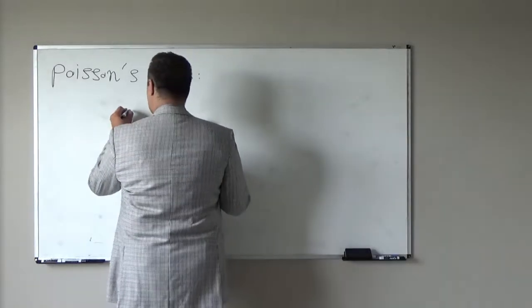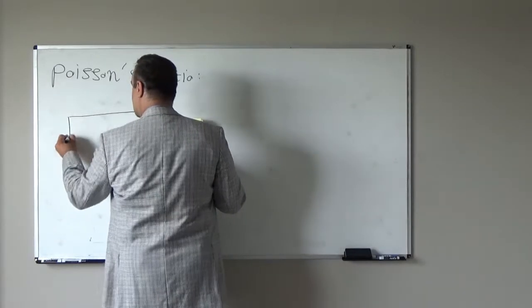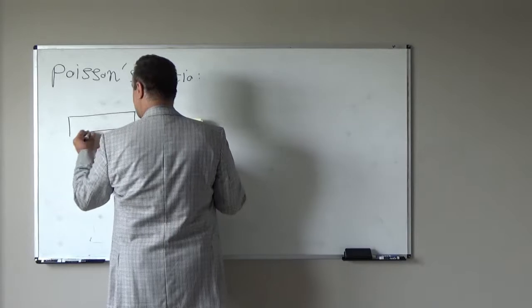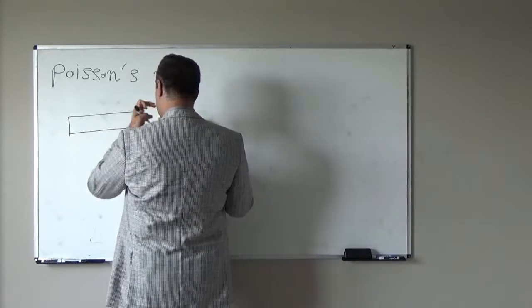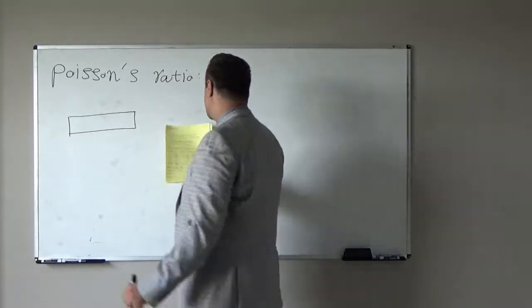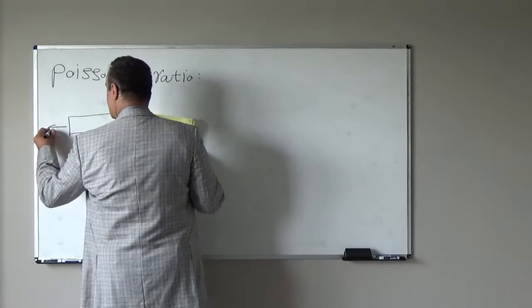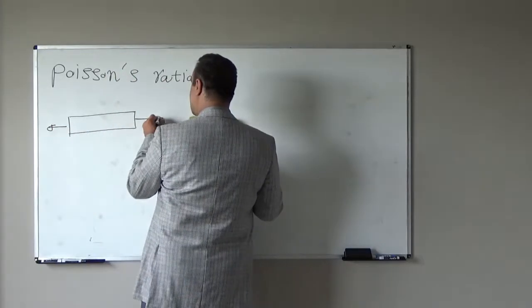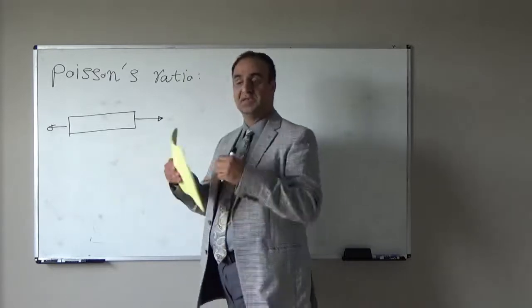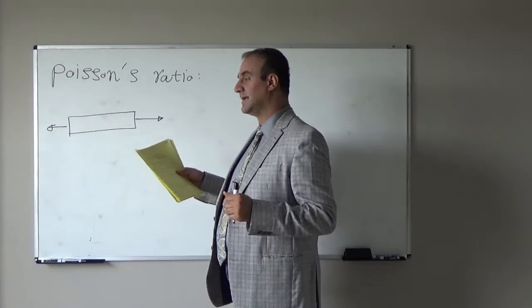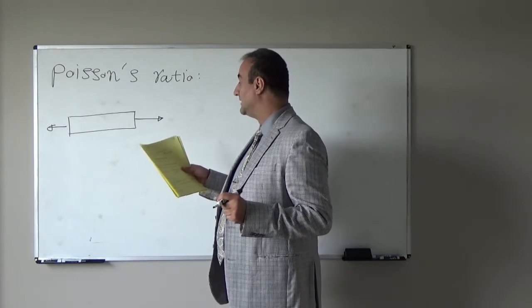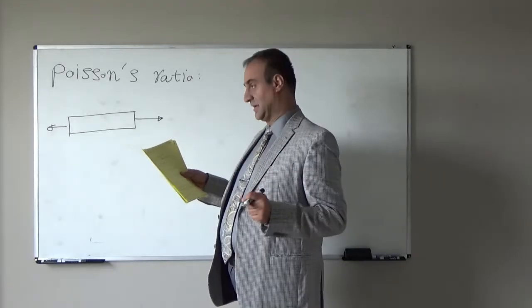If we have, for example, a rubber band, one rubber band or rubber strip, and we pull this rubber band, if we apply tension, what will happen? It will elongate in the axial direction.